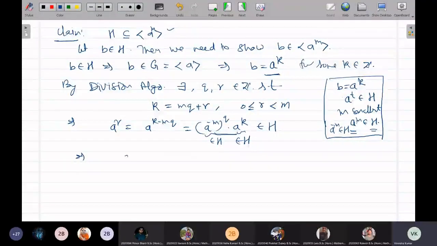So this would imply that a raised to power r is going to be in H, where r is between 0 and m.